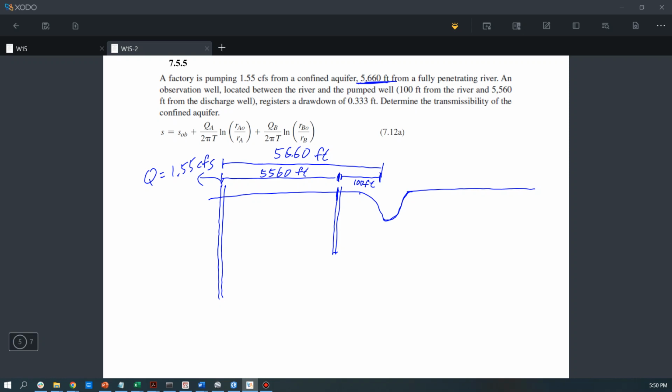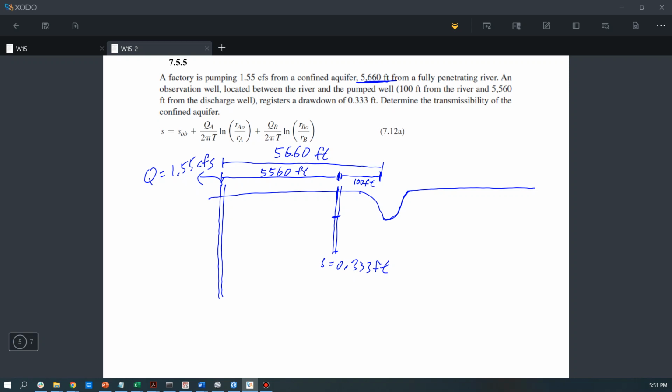And we found a registered drawdown of 0.333 feet in this observation well. The drawdown is equal to 0.333 feet at the observation well.